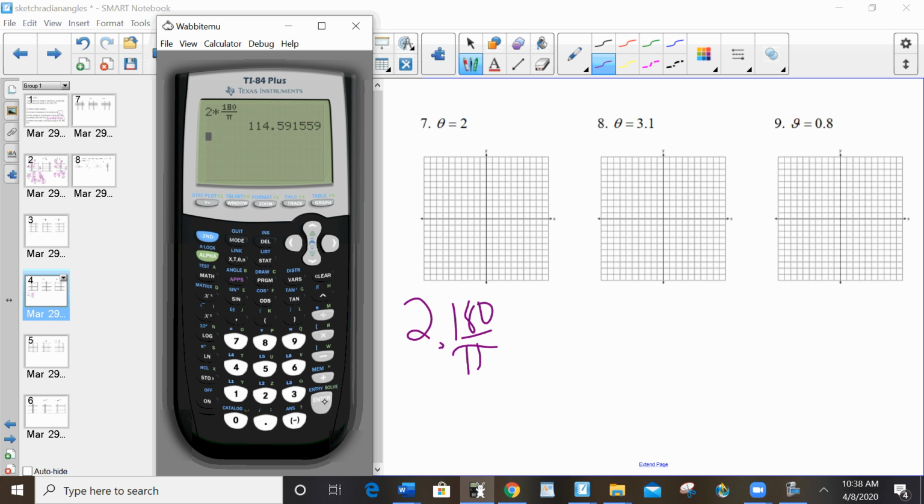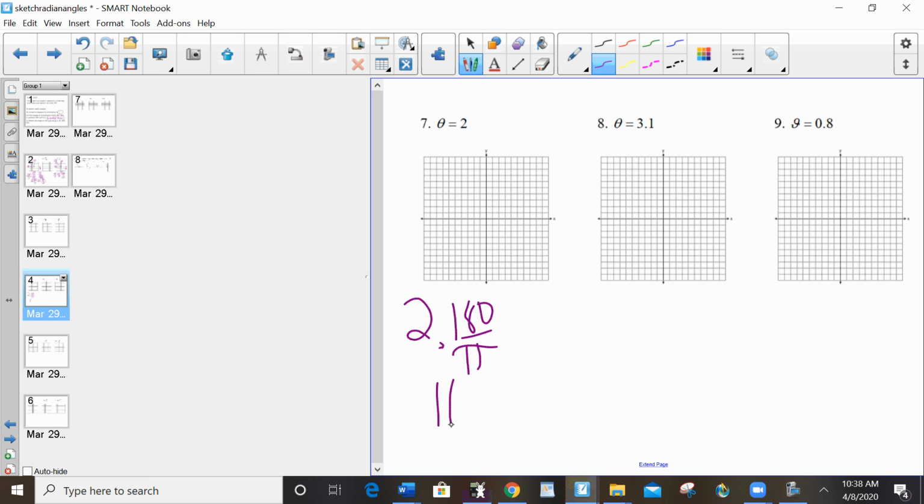Let's just round it, 115. I'm noticing a trend here. It's purely coincidental, but everything seems to be in quadrant 2 that we happen to be going over. So 115 is between 90 and 180. It's closer to the 90. So that's your 2 radians. Or you could put 115 degrees.